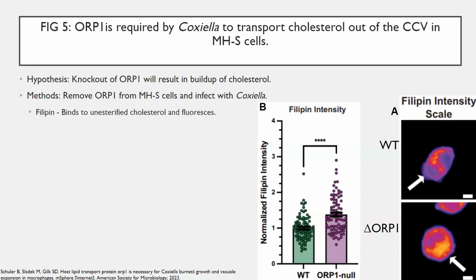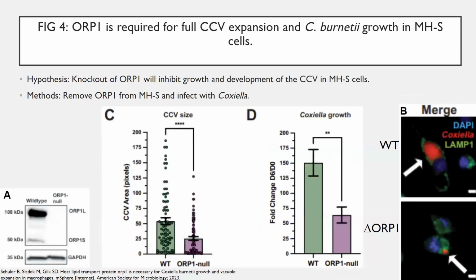In short, they fill a cell with the filipin and they see where it glows and how intensely. In the wild type, it's not very bright, and in the knockout, it is very bright, indicating that there is a buildup in cholesterol within the membranes, and it might be affecting Coxiella growth, which in our figure above, it seems like it does.